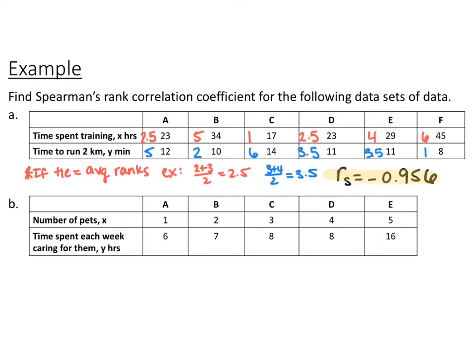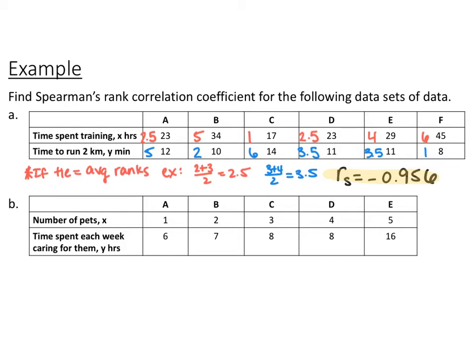So doing it the same way, again, list 1 is our x coordinates, so that's the red ranked values. List 2 are our y coordinates, so that's our blue ranked values. And then you go through, do your linear regression to get your r value. So now we have this r value of negative 0.956. But this is the Spearman's rank correlation coefficient because we used the ranked values instead of the actual x and y values.